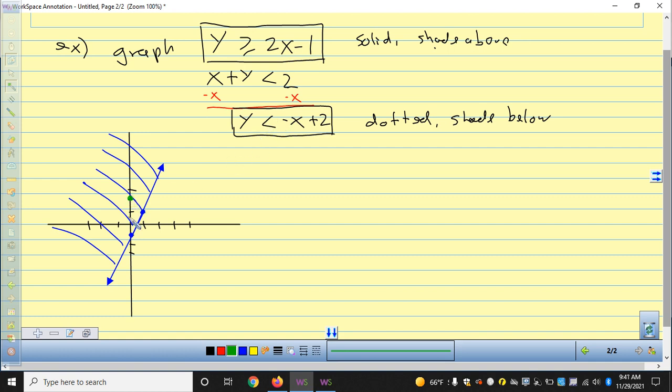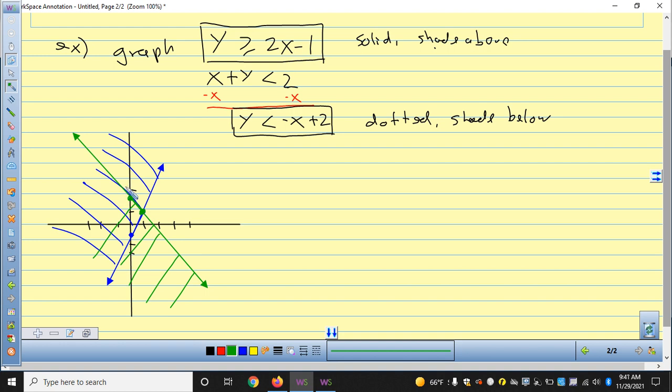So I'm going to go down 1, over 1. And we'll do that one in green. So there's the graph of that line. And we're going to shade below. So I'm going to shade here.